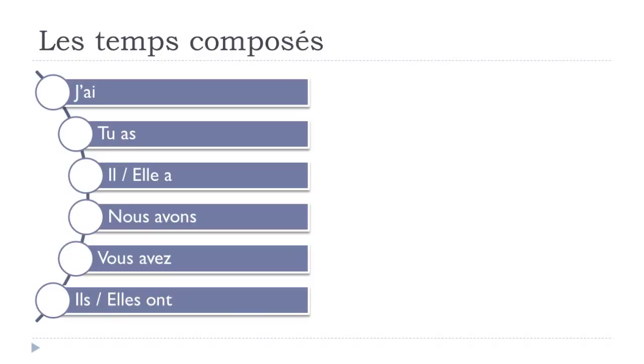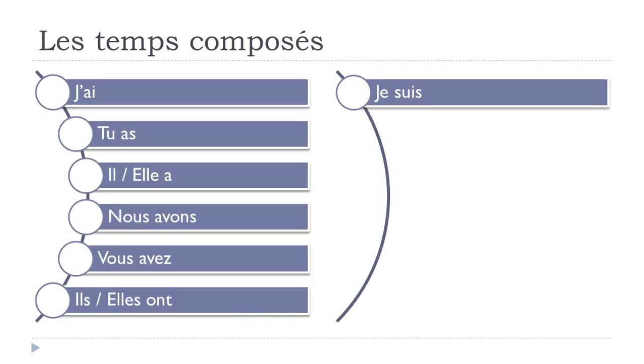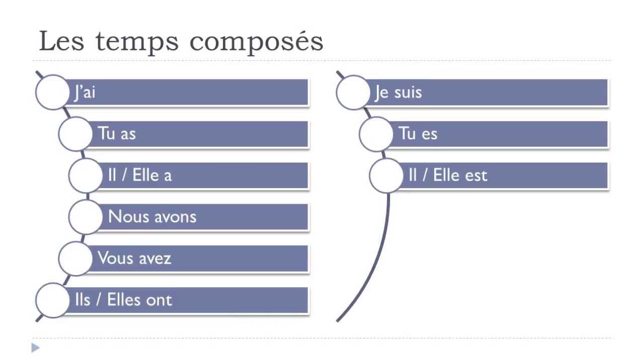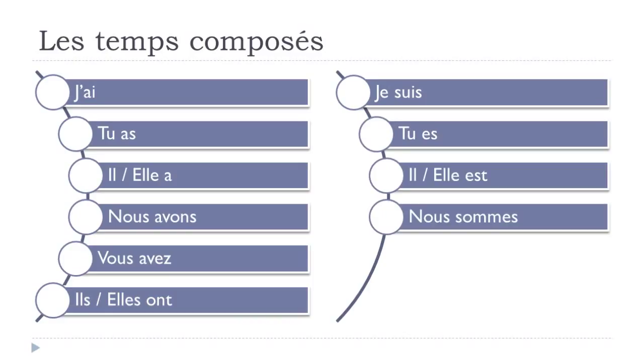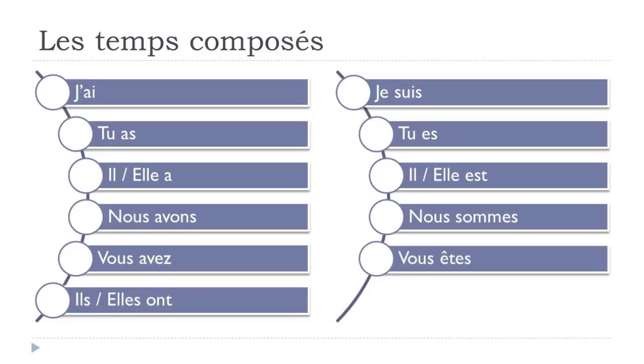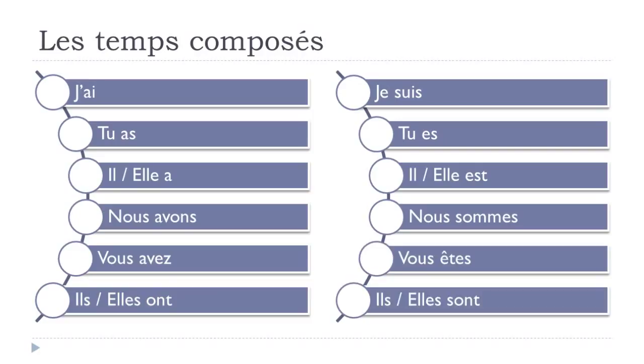And now être at the present tense: je suis, tu es, il est, elle est, nous sommes, vous êtes, ils sont, elles sont. Okay, so je suis, final S not pronounced, tu es, okay, so it's quite strange because you get this ES, but phonetically it's est, alright, quite open, tu es.